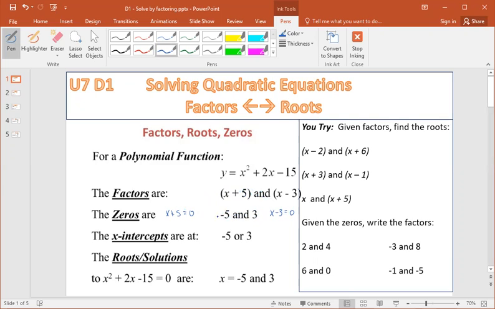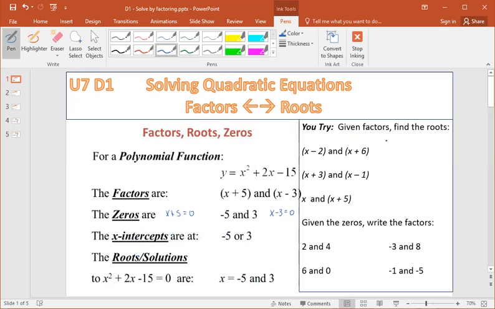So this is where the negative 5 and the 3 come from. The factors are x plus 5 and x minus 3. The zeros are negative 5 and 3, okay? Because x-intercepts and roots and solutions are all the same thing as zeros, you can see they all are negative 5 and 3 here, okay?